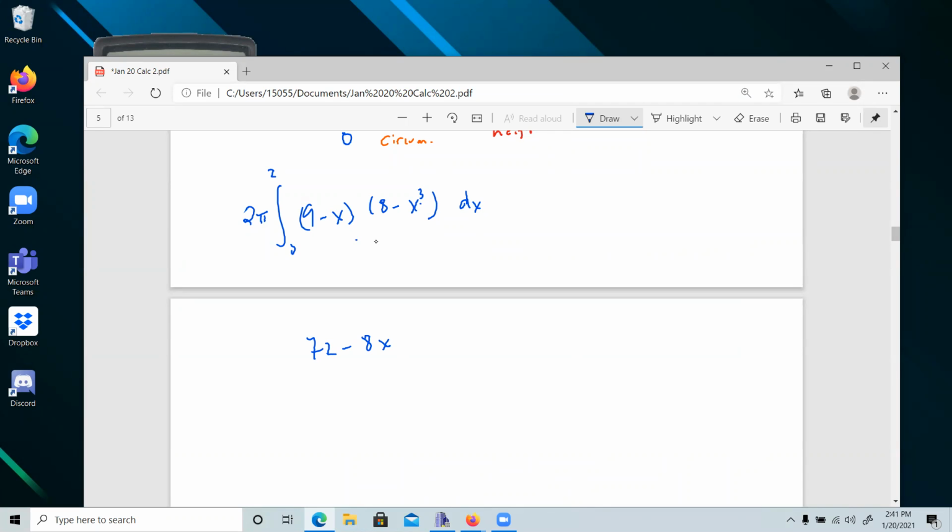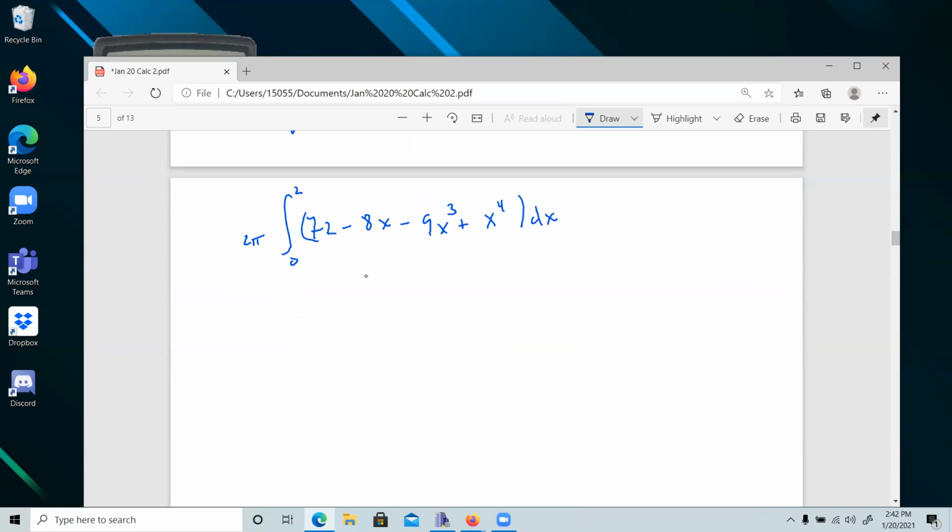We're going to have a minus 9x cubed here, right? Positive that, and then a positive x to the 4th. Right? And that should give me my firsts, my outers, my inners, and my lasts. Okay, 0 to 2, 2 pi, parentheses, dx.